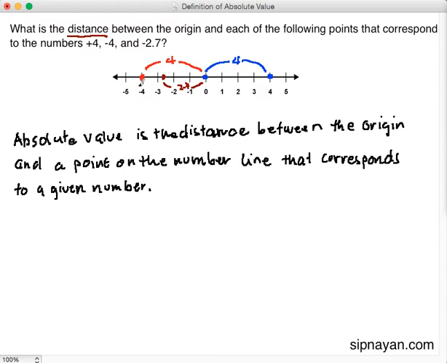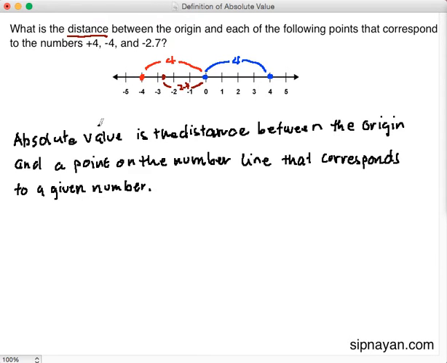Halimbawa, meron kang negative 100. So, malaki yung absolute value ng negative 100, di ba? Pero, mas maliit siya dun sa negative 5.